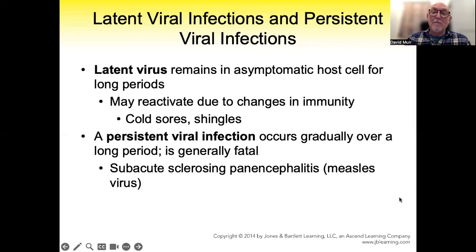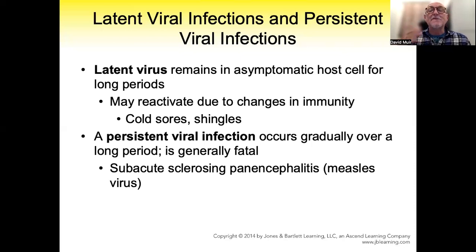And there is one particular disease which is really famous for doing this, and that is measles. Measles in children causes an acute infection, which we'll discuss a little bit later. But it causes an acute illness.